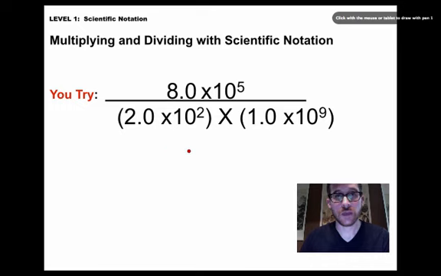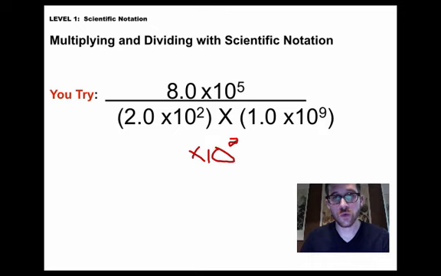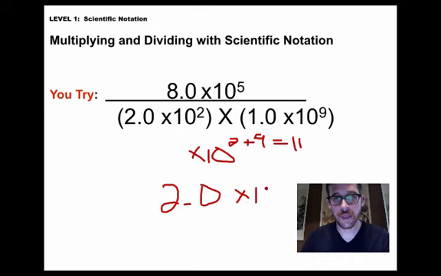So it's going to be times 10, and then 2 plus 9, which gives me 11, right? So I know my denominator is going to have an exponent of times 10 to the 11th, and then it's 2 times 1, which is just 2, right? So I got 2.0 times 10 to the 11th on that denominator now. And then on top, so all this is going to simplify.